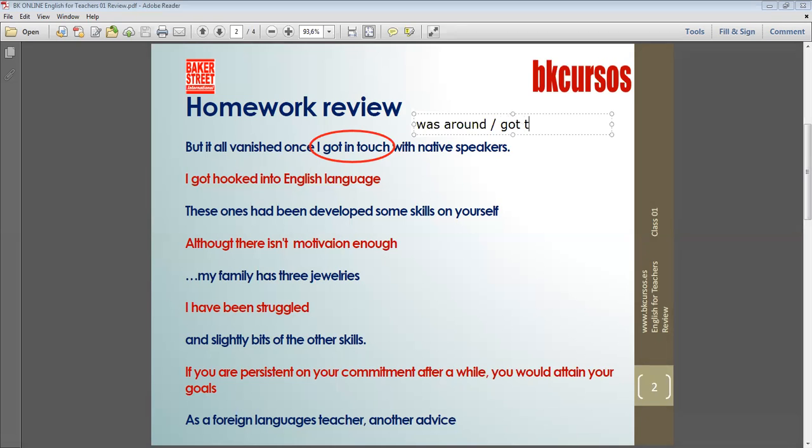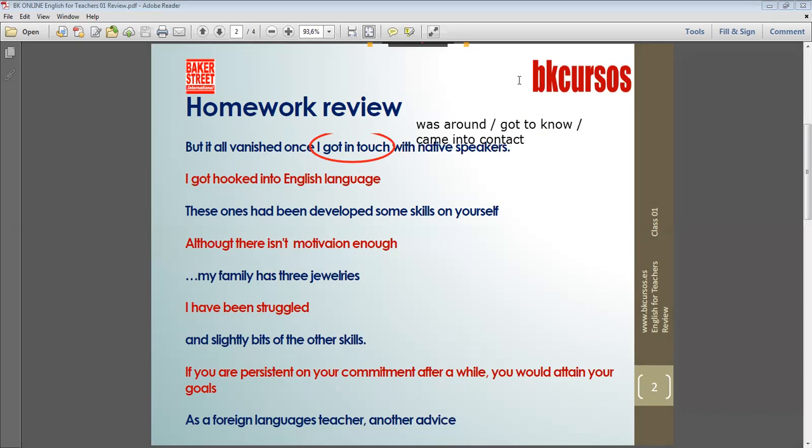Once I got to know, yeah, that's a possibility. Or the same meaning, to start to have that contact, once I came into contact with, okay? So once I came into contact with native speakers. So that might be little by little, gradually. Okay, that's great.